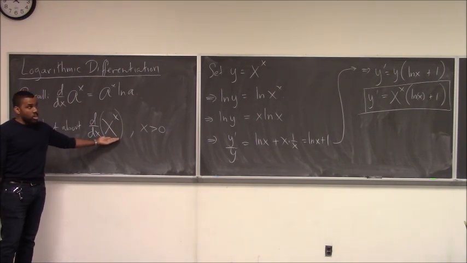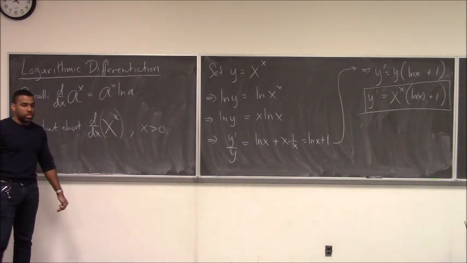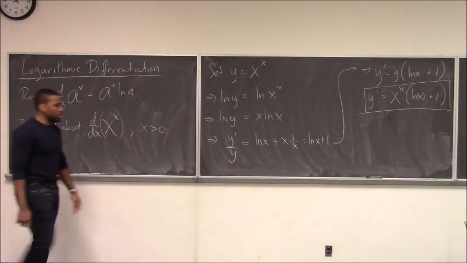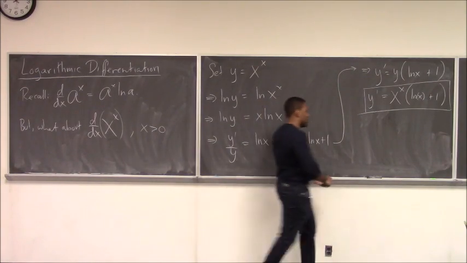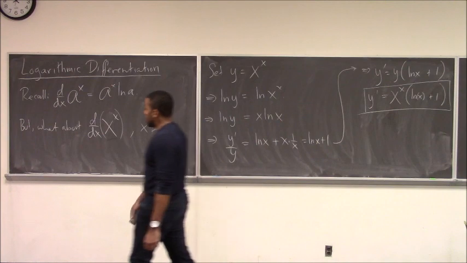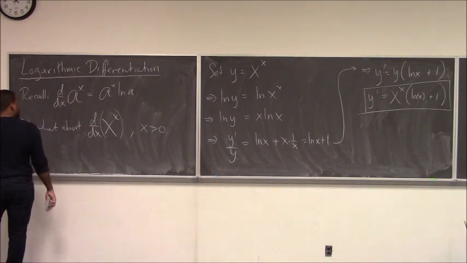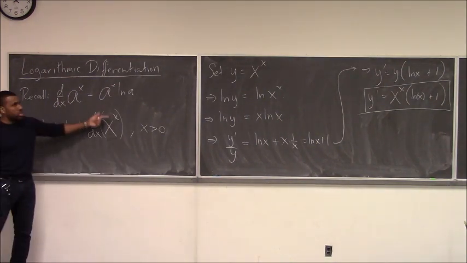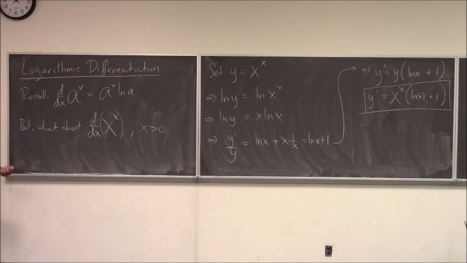And that way we can figure out the derivative of more complex things like this, where we don't really have a template that fits right on top of it. So now, we actually know how to differentiate x to the x. This is a very useful technique whenever we have powers that we don't know how to deal with, or we have otherwise really complicated things that it would be nice to break down, as opposed to brute forcing.